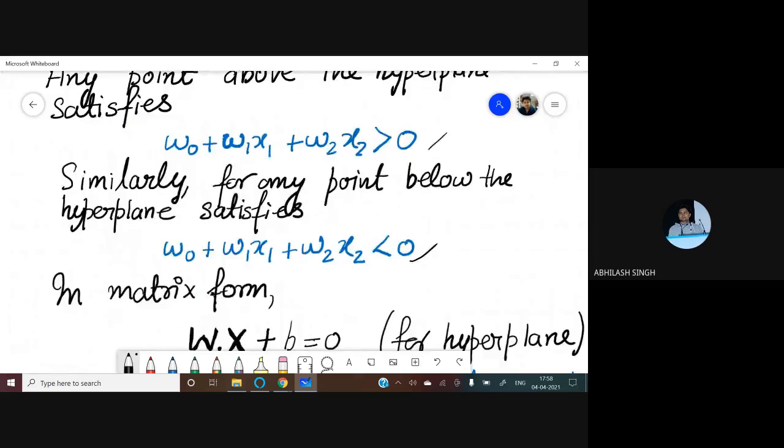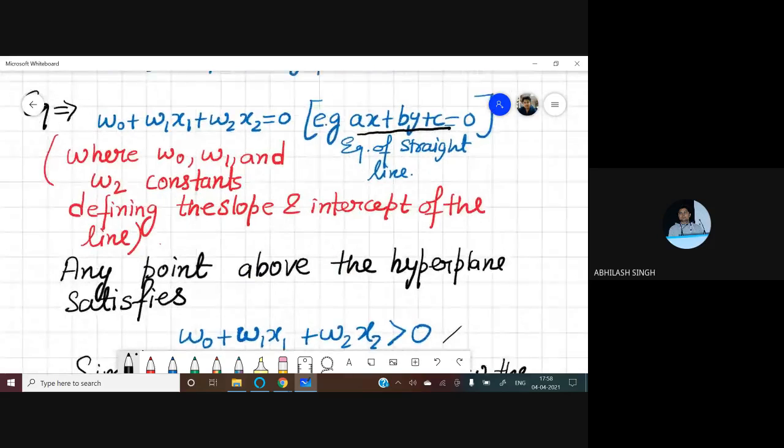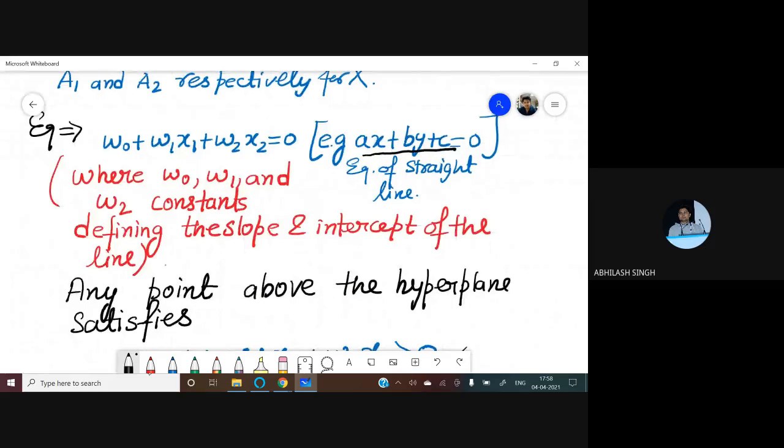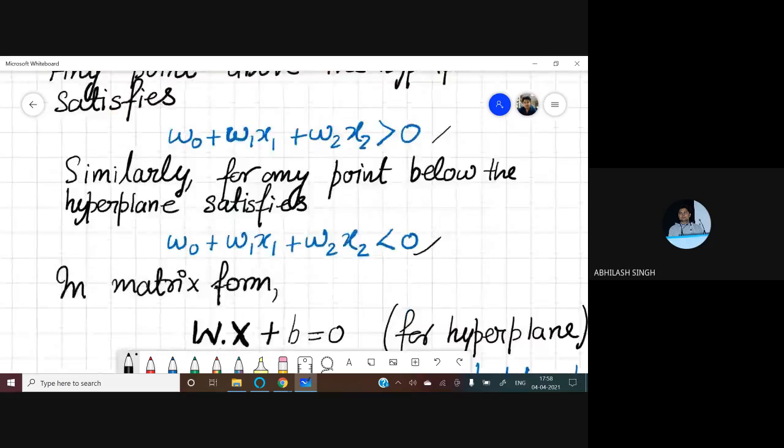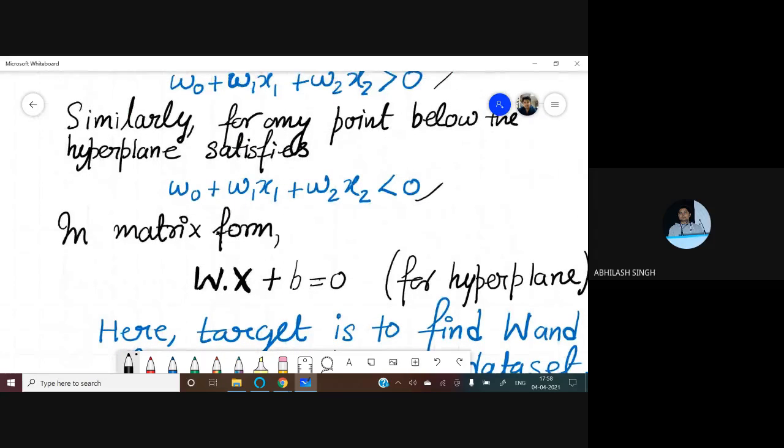If I ask you to write this equation in matrix form, then you can write it as vector w dot product with vector x plus b equal to 0.